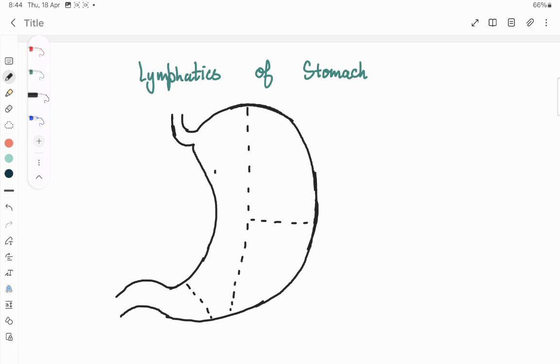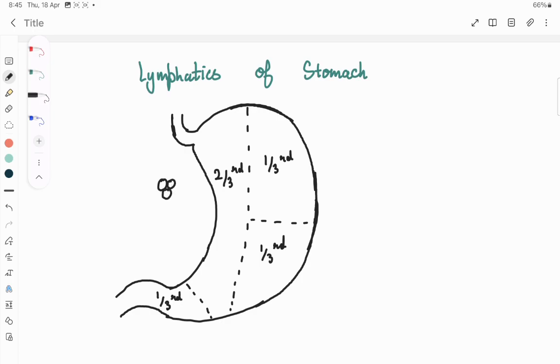So this is the right 2/3, left 1/3, and another lower 1/3.